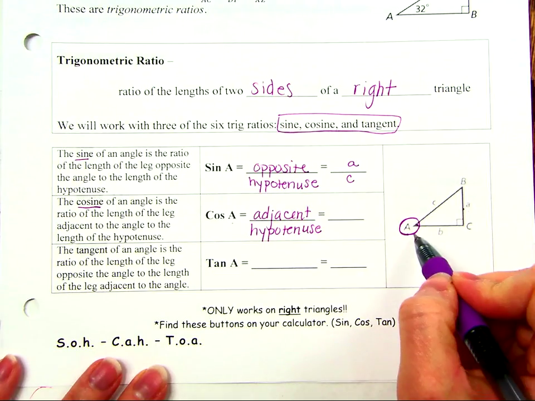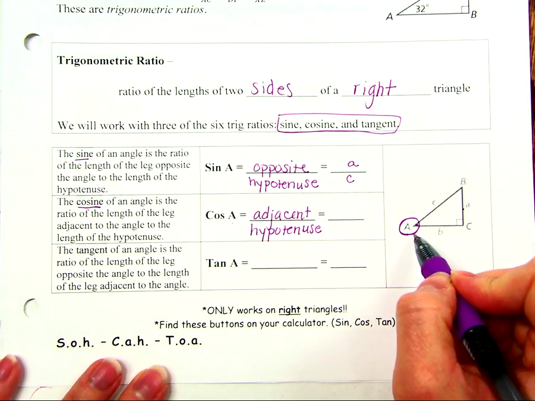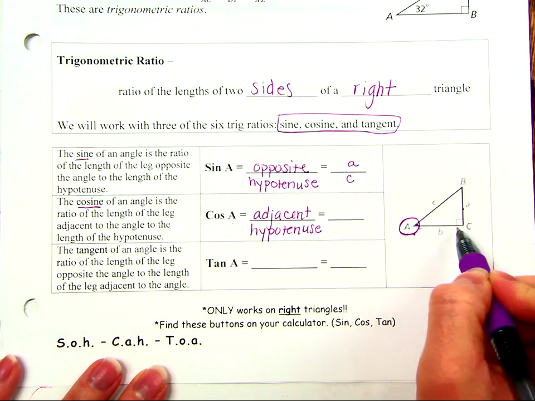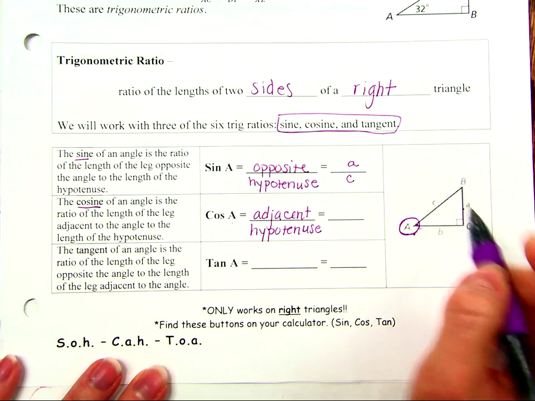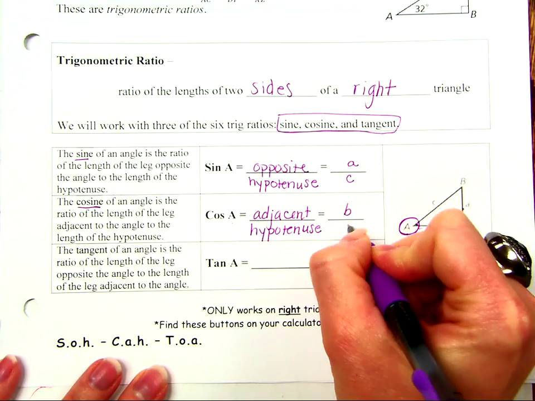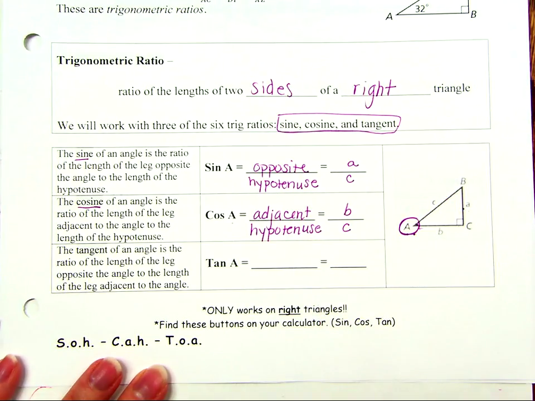From angle A, the leg that would be adjacent is right here, side B, and my hypotenuse is side C. Your hypotenuse will never be considered the leg that's opposite or adjacent. It will only and always be the hypotenuse.